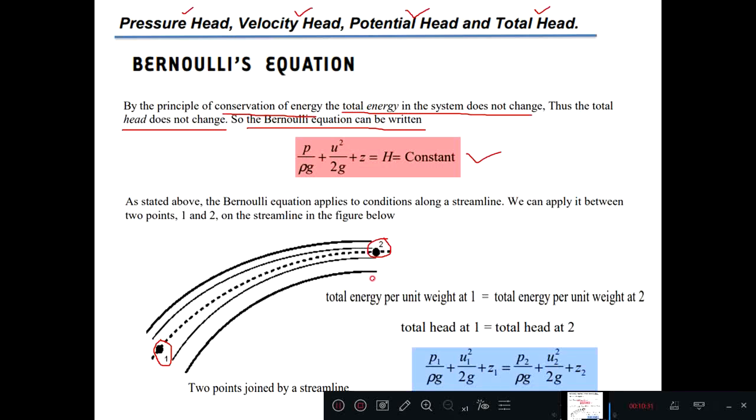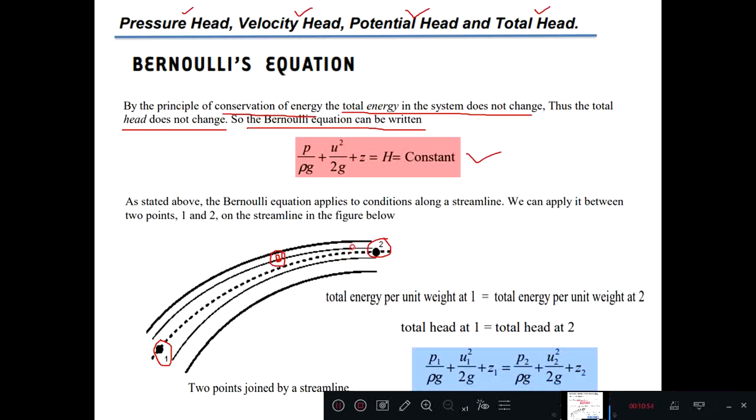It means you cannot take 1 point here and 1 point there. On the same streamline you can take the 2 points and analyze the flow.